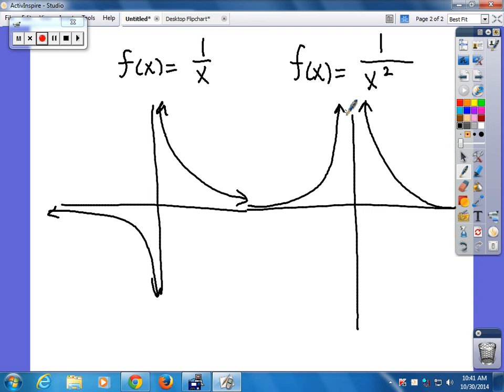Now, these have the same vertical shifts and horizontal shifts. Let me give you an example. What if I did this? Let's take the red marker, and I gave you f of x is equal to 1 over x minus 2 plus 4. What's my horizontal shift?